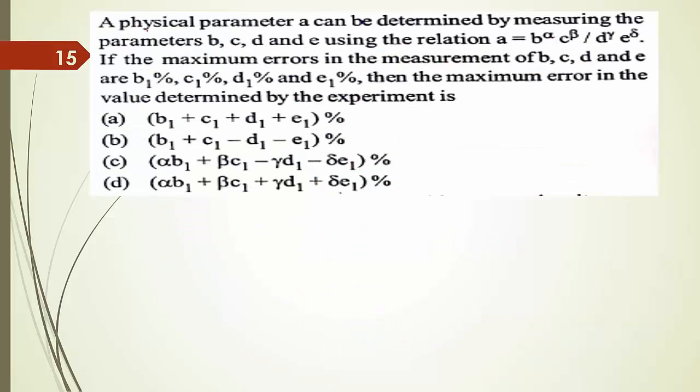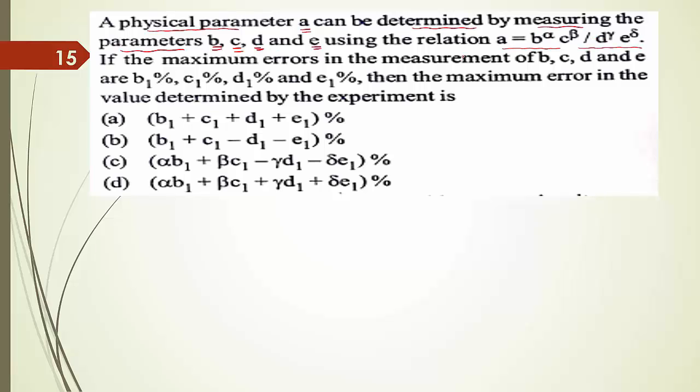15th question. A physical parameter A can be determined by measuring the parameters B, C, D and E using the relation A equal to B raised to alpha, C raised to beta divided by D raised to gamma, E raised to delta.